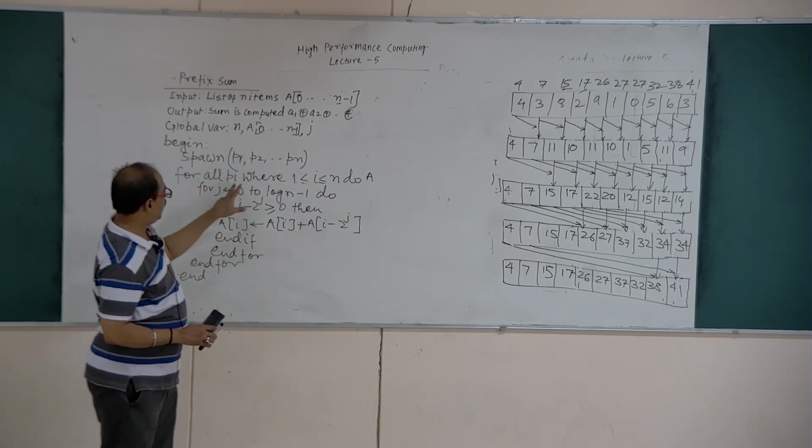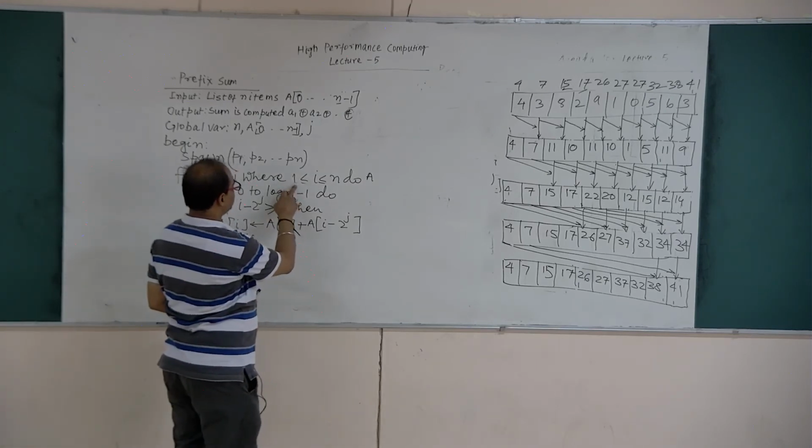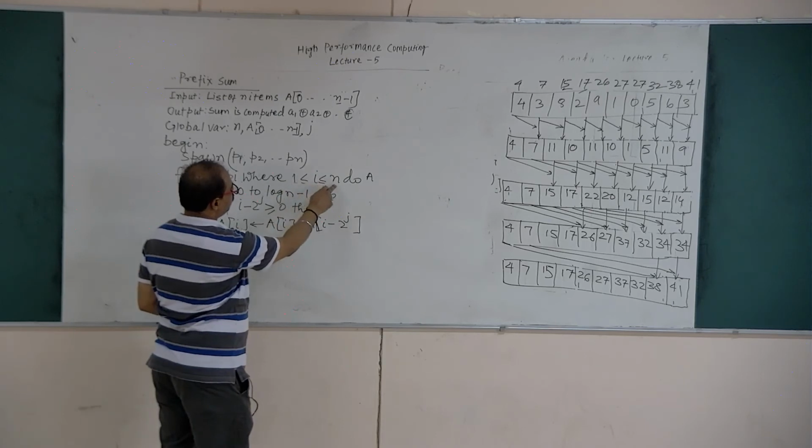And now in the next iteration we activate all the processors. So you will have n minus 1 processors, going from 1 to n.